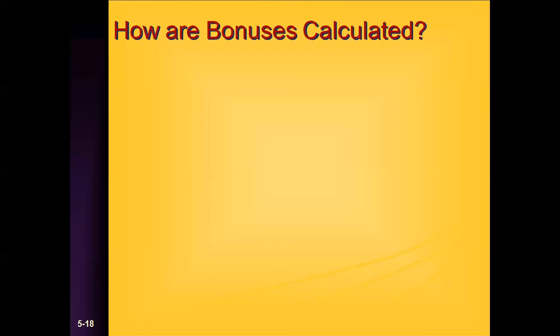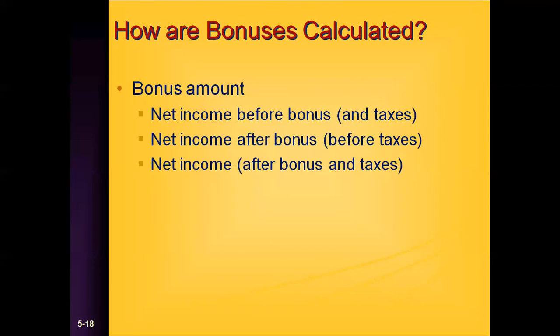Let's talk about how bonuses are calculated. There's usually three different ways that bonuses are calculated. Bonuses can be calculated on a variety of areas, but usually it's net income. How much did the company actually make? And so the bonus amount sometimes is based on net income before the bonus is paid and before taxes are paid.